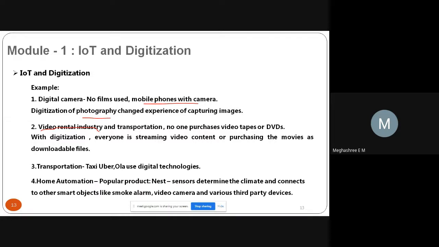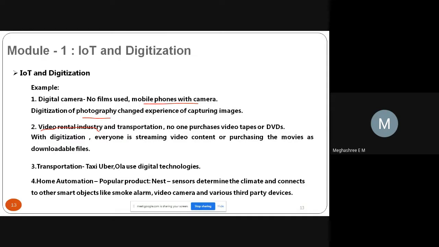And the last example, I would say, is home automation, where there is a product in the name Nest which provides all the sensors related to home automation. Like if there is a fire at your place, a particular sensor deployed at your place checks the temperature.